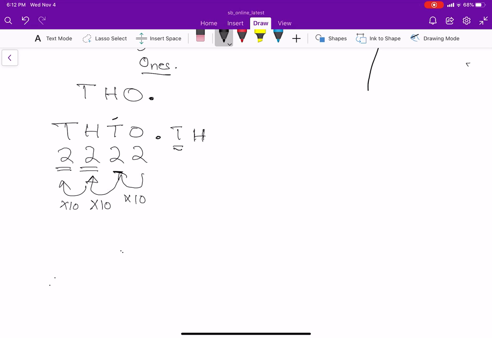Divide? Yes, correct. Every time we go in this direction we divide. So it's 1,000, we're left with 100, then 10, then ones, and then 1 over 10, which is a fraction, and then here 1 over 100.